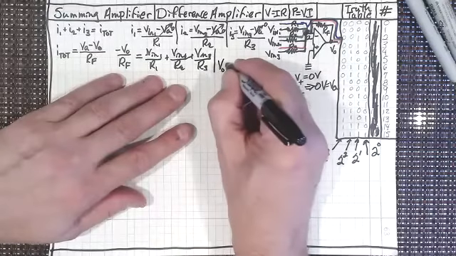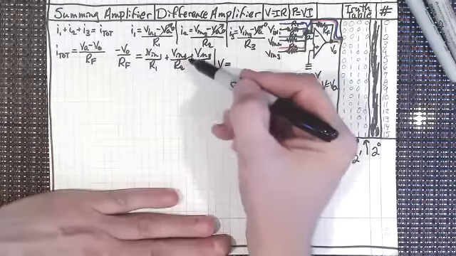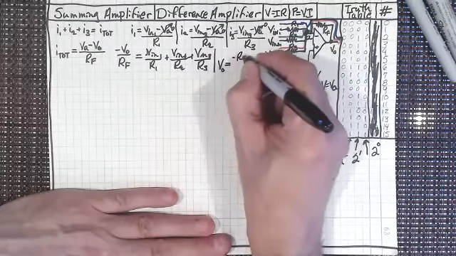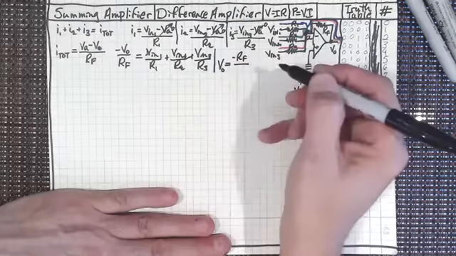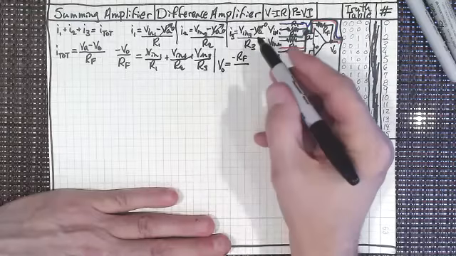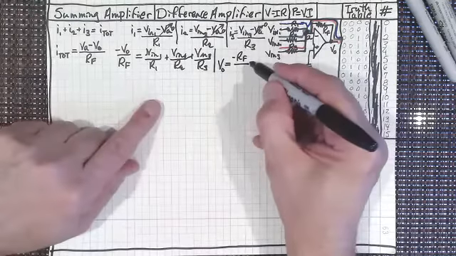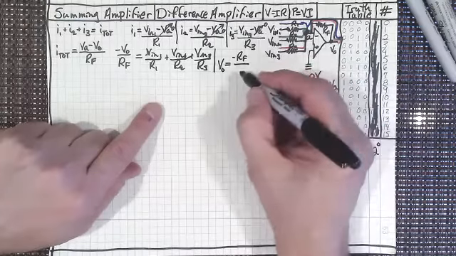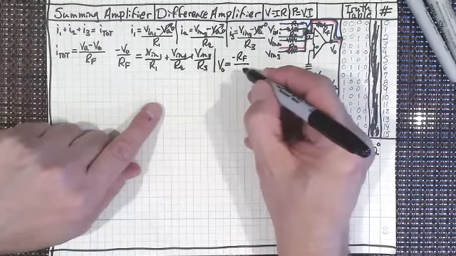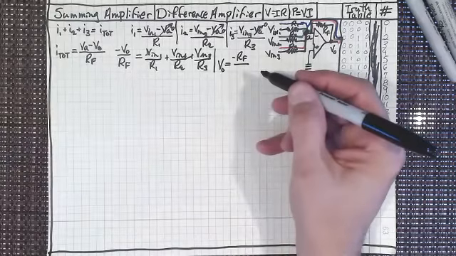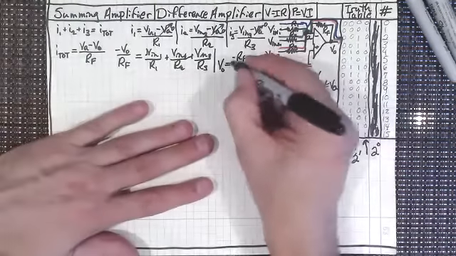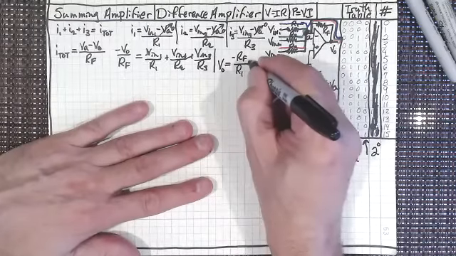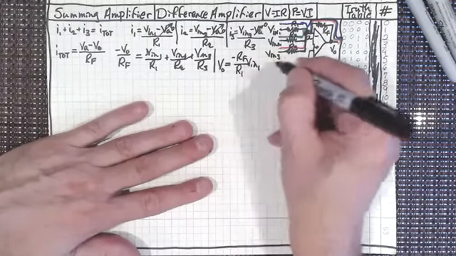I can say that V out, right? The negative can come over to here, and the R sub F can go up into the numerator here, so that's minus R sub F over R1 times V in 1.